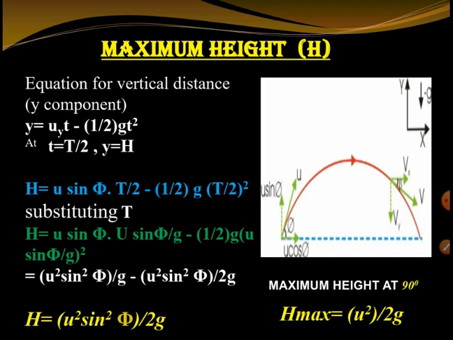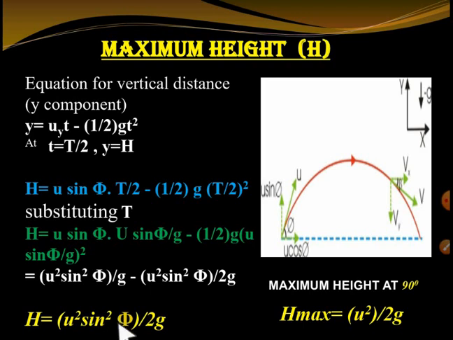It depends upon your angle of projection. If you keep the initial velocity constant, then the others are all constant, and it depends upon this angle of projection. So at what angle of projection will this maximum height be maximum? We know that the maximum value of sine of an angle is 1.